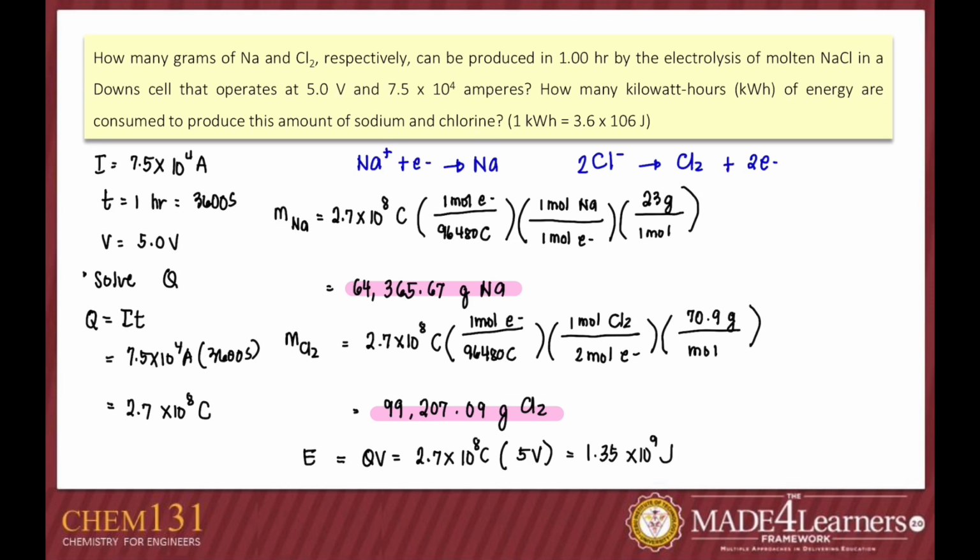That's still joules. But in kilowatt hours man daw, so we have to convert nga ang 1 kilowatt hour, that is equivalent to 3.6 times 10 to the power of 6 joules. And so our answer is 375 kilowatt hours. So this is the energy consumed in the production of that amount of sodium and chlorine.